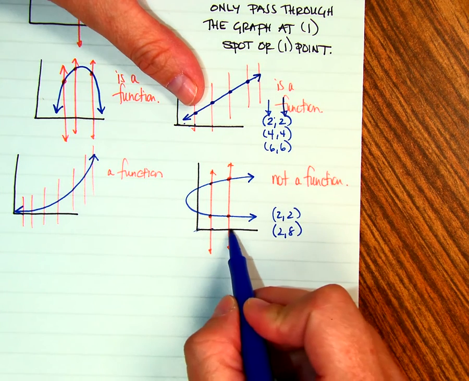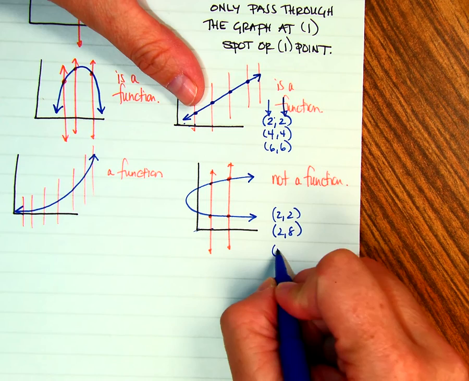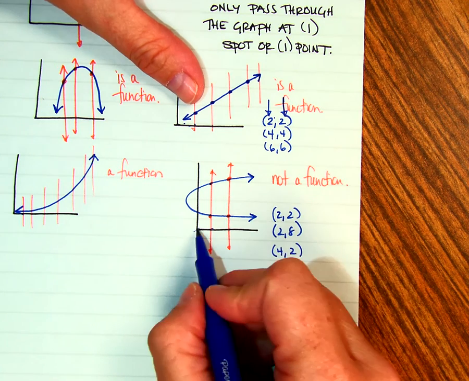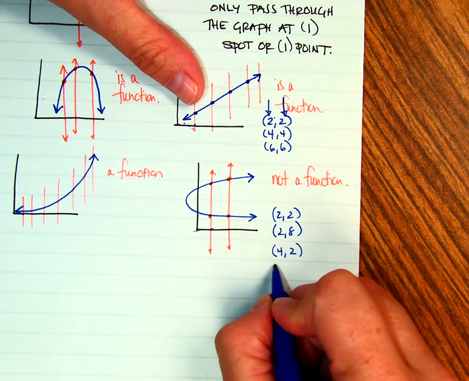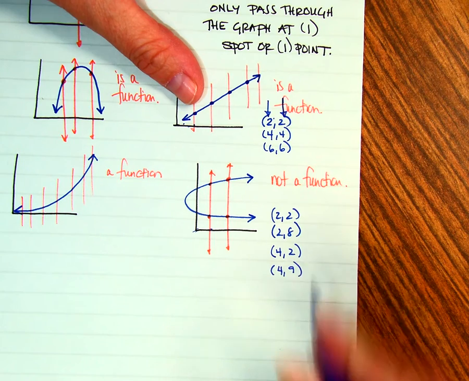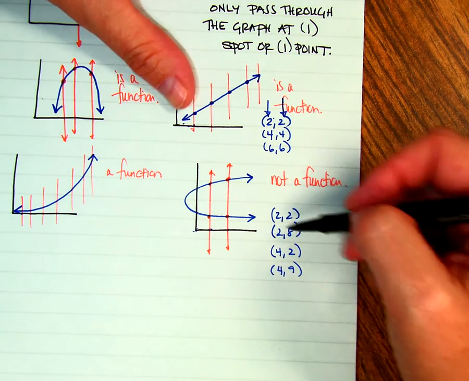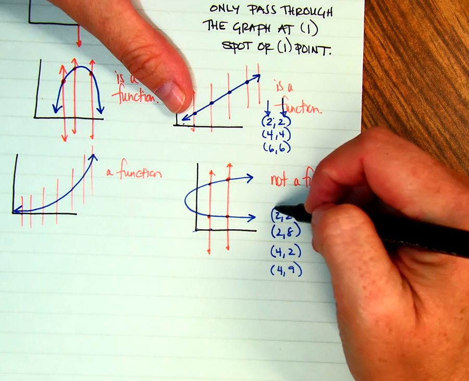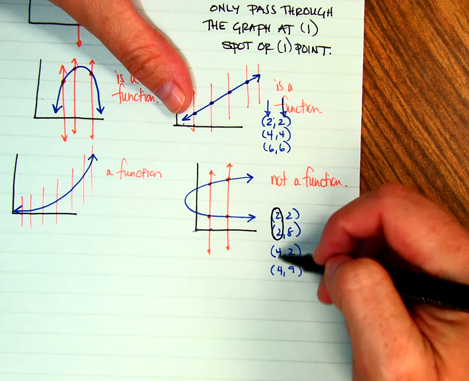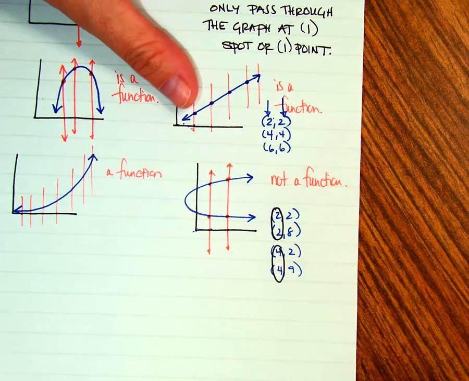If I did this one, maybe this is (4, 2), and maybe this is (4, 9), for example. The reason this one is not a function is because your x's duplicate.